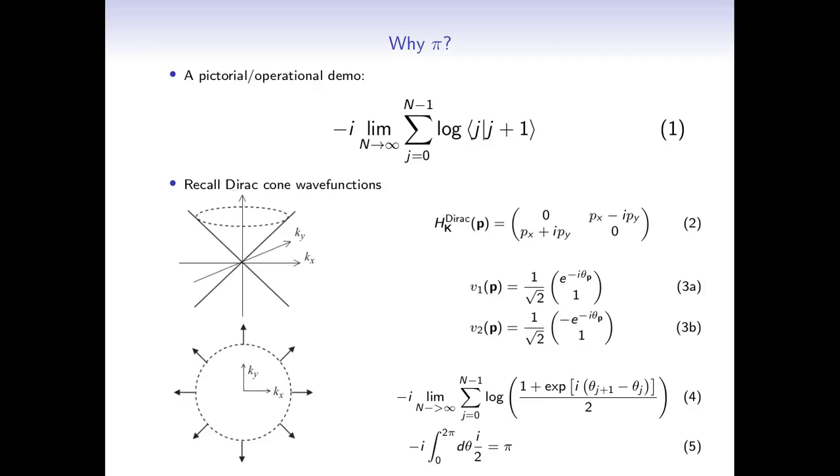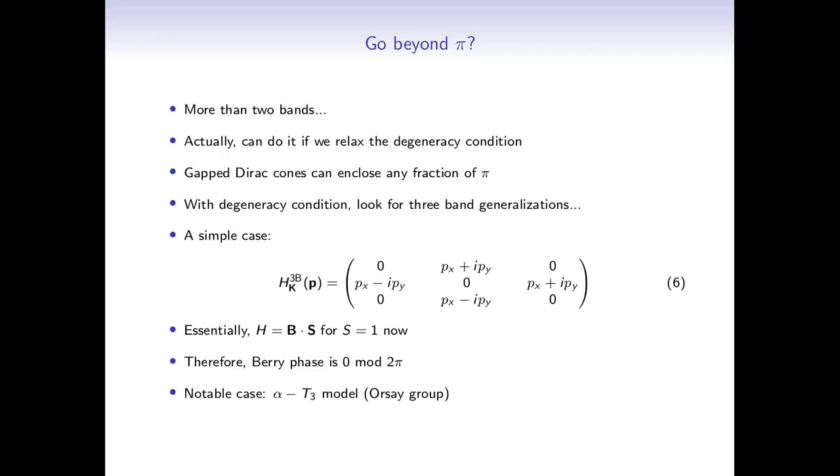You can draw the angles of the states in a very simple way, and you can see that it fans out in a circle. So the natural question is how to go beyond pi, and it turns out that you can do something using more than two bands, and that's what we're going to discuss.